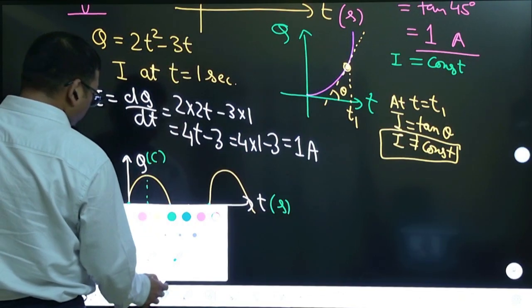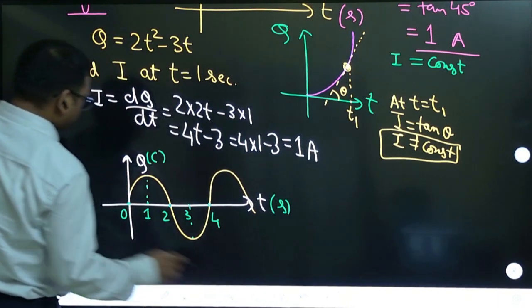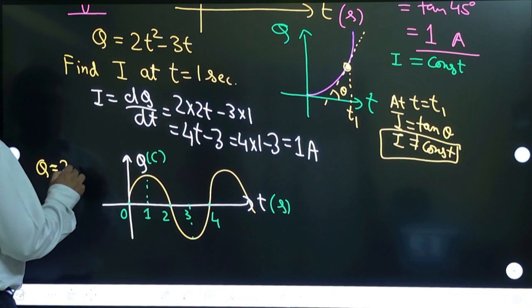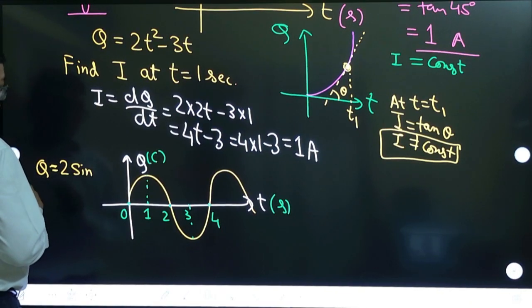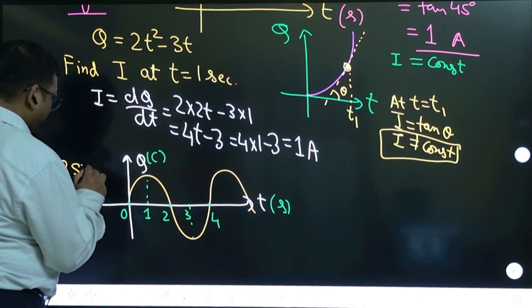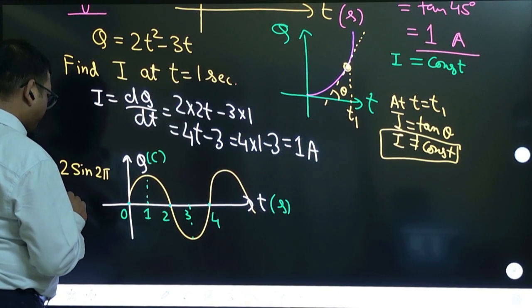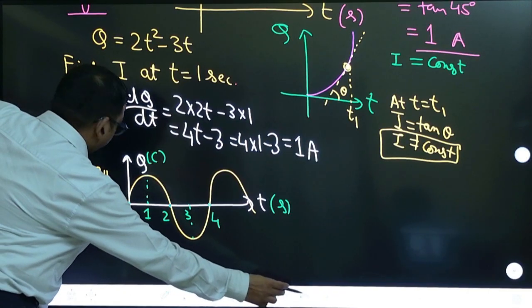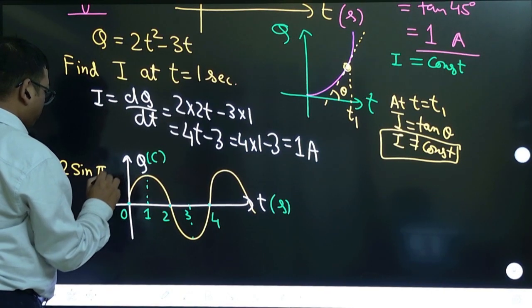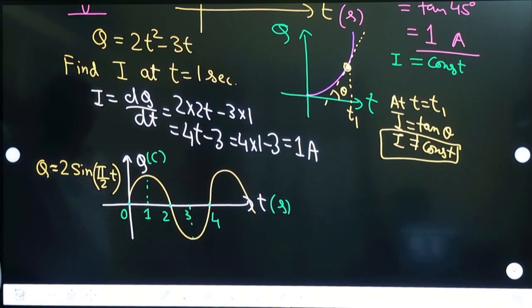Let's take the equation also. The equation can be sinusoidal: q is equal to, let us say, 2 sine of 2 pi by 4, so time period is 4, so pi by 2 t.